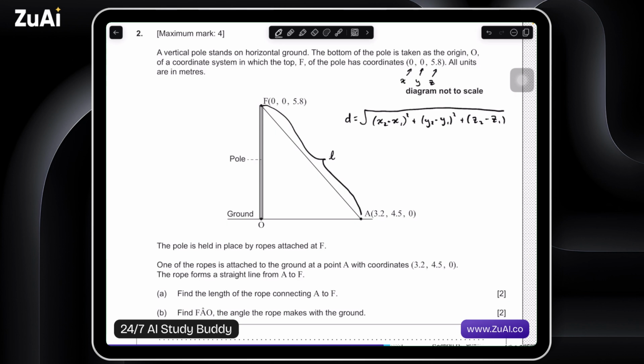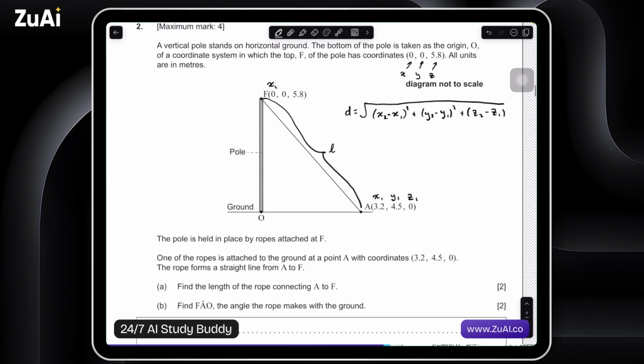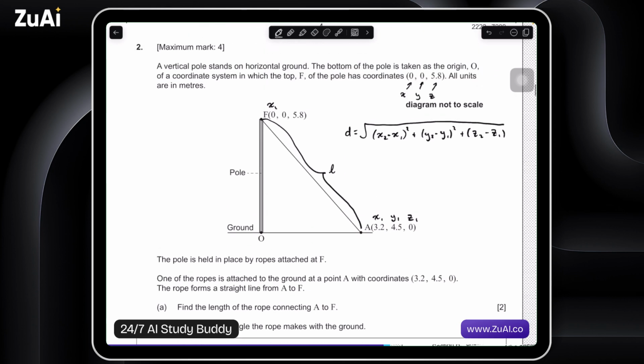It doesn't matter what we choose to be x1, y1, z1, as long as we're consistent, it should be okay. Let's choose this just because we'll avoid some negatives, at least in part. We'll get to avoid more negatives. x1, y1, z1, and let's call this x2, y2, and z2. Okay. So here's our distance once again.